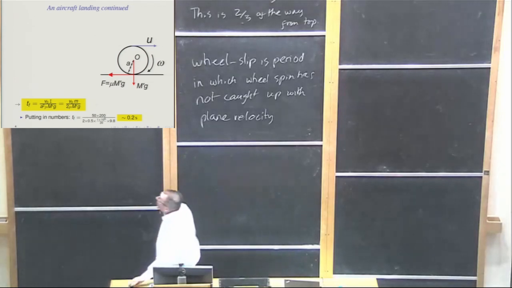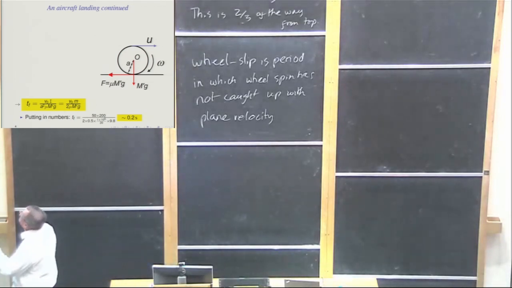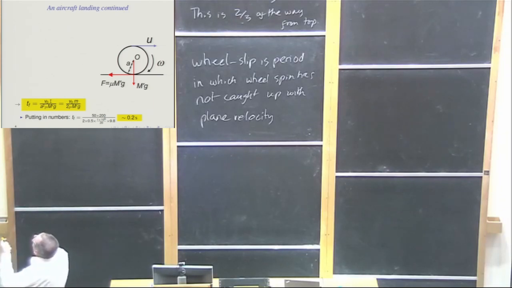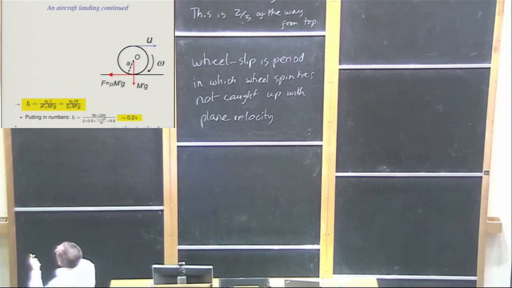What happens when the plane touches down is that there'll be a torque on each wheel, and that torque will come from the friction imparted by the ground. I call m prime the mass down. We'll define what that is in a moment. Mu is the coefficient of friction, and so there's this force mu m prime g, which will exert a torque of that multiplied by a.